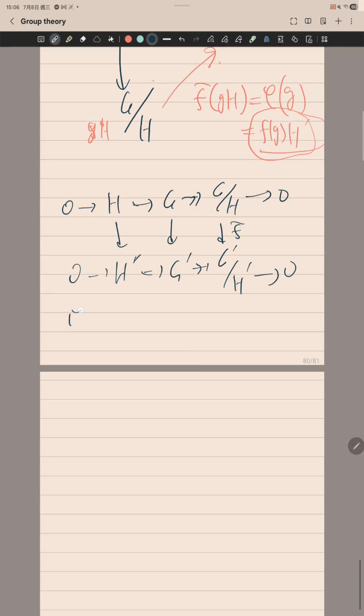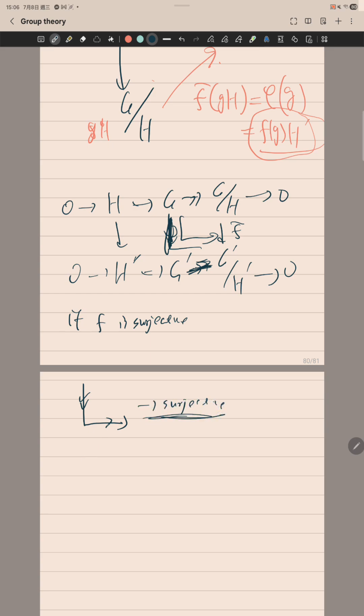Now if f is surjective, then this makes this shape surjective, because this is already surjective, and the composition of two surjective maps is surjective. But if this is surjective and on the other direction this one is already surjective, then this direction must be surjective.